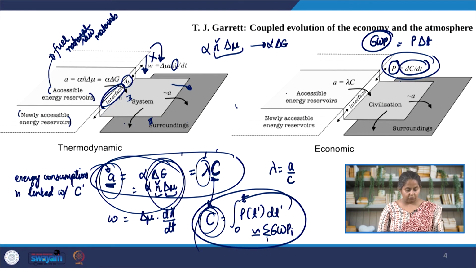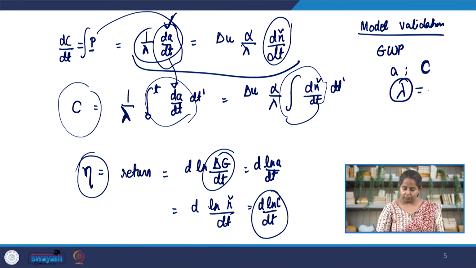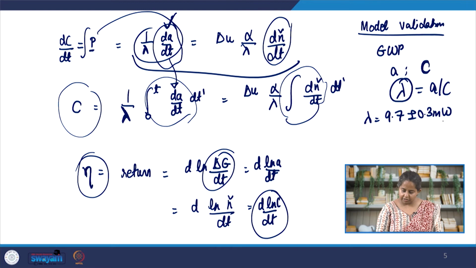If we go back to what lambda is, it is the ratio between A and C, the energy consumption and wealth generation. And actually, over the past 40 years, since 1970, the value of lambda has been constant at lambda equal to 9.7 plus or minus 0.3 milliwatt per 1990 US dollar.